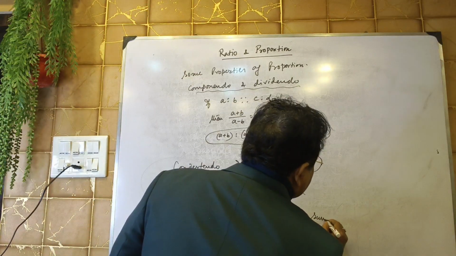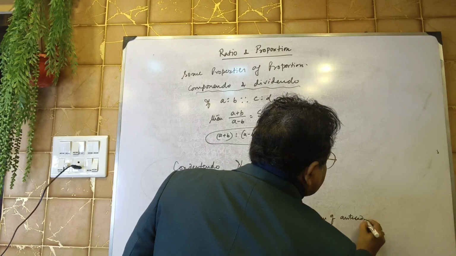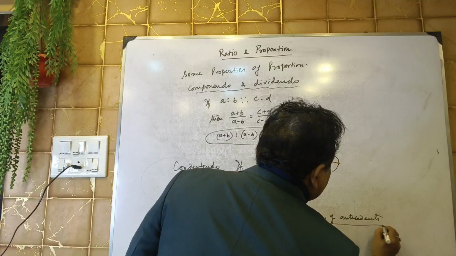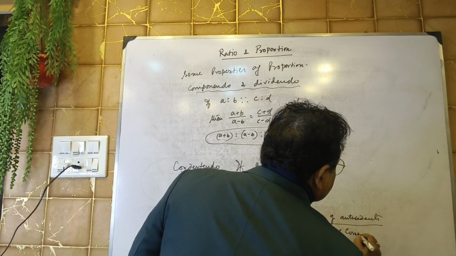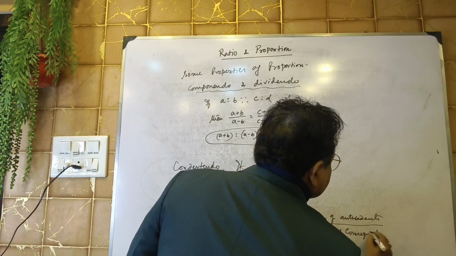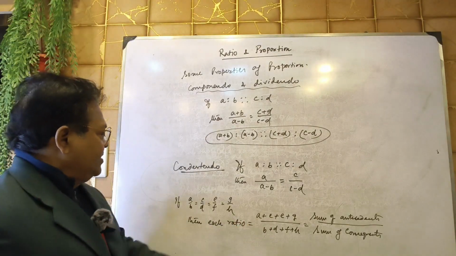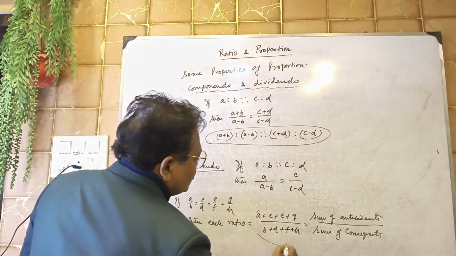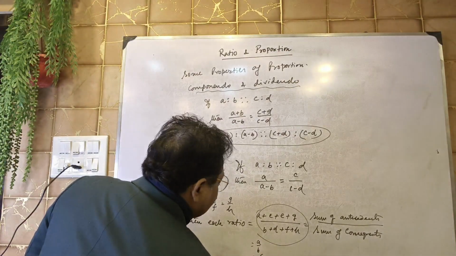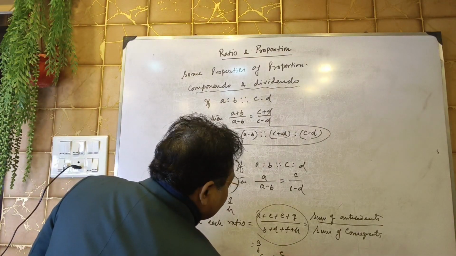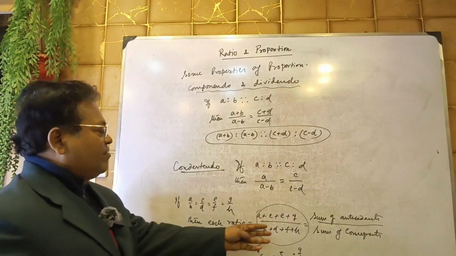that is, sum of antecedents by sum of consequents. Each ratio is equal to this: it is equal to A by B, it may be equal to C by D, to E by F, to G by H. Each ratio is equal to this.